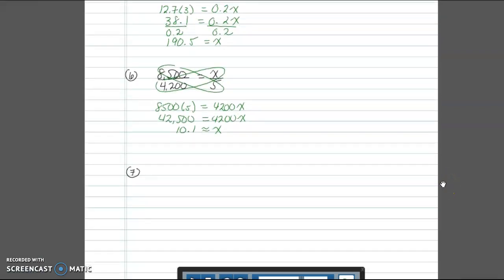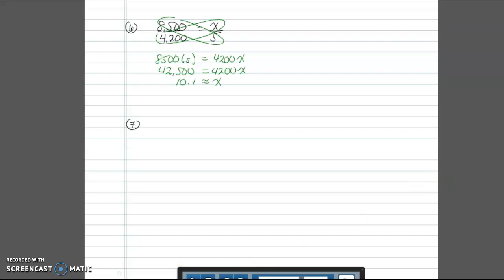So here's one way you can set this up as I described. In the first ratio, I have the relationship between the ounces of oil to the gallons of gas. I want the oil on top and the gas on the bottom.